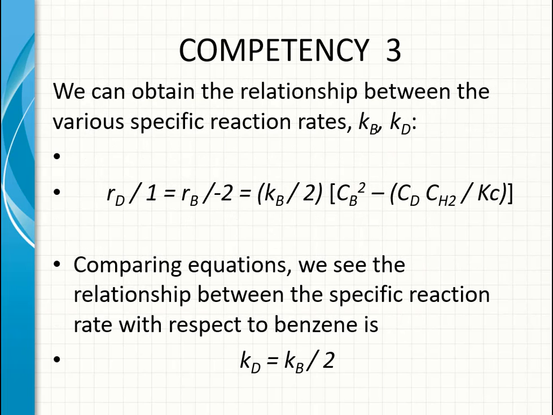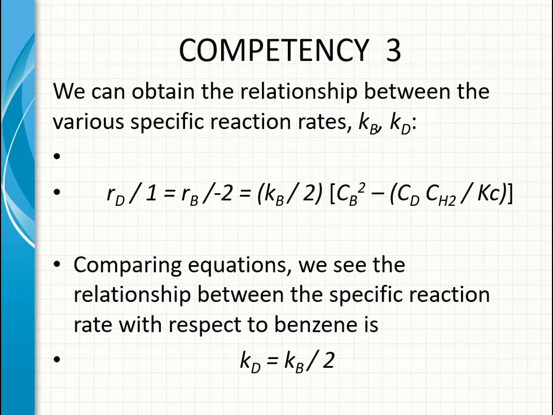We can obtain the relationship between the various species reaction rates Kb and Kd. So the rate of D divided by 1, which is the stoichiometric coefficient of D, is equal to the rate of B divided by minus 2, which is the stoichiometric coefficient of B. So this will be equal to Kb divided by 2 multiplied by the concentration of B to the second power minus the concentration of C times the concentration of D divided by the equilibrium constant Kc.